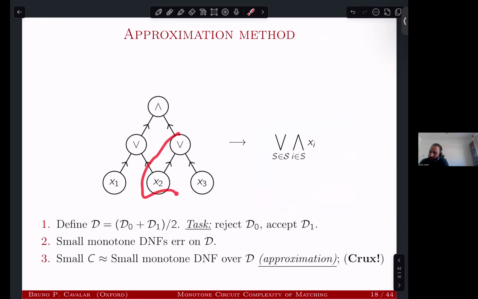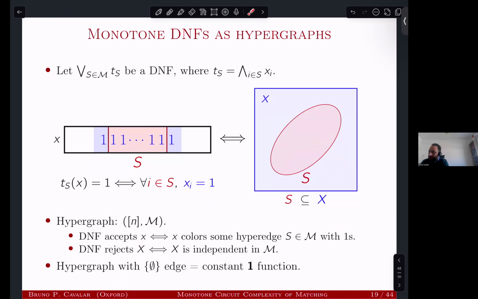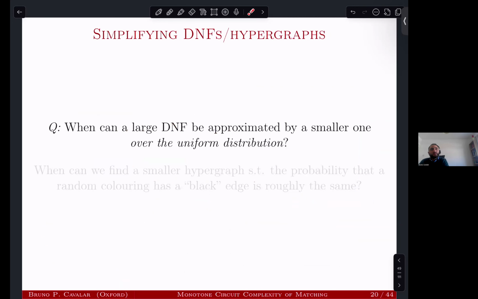You have an OR of two things. You also have a DNF, which is small because there's only two things. You have AND, the same thing. But if you continue doing this over and over again, at some point you're going to get a DNF which is very big, which is not small anymore. So how do you go back to being, or restore the property of being, a small DNF?